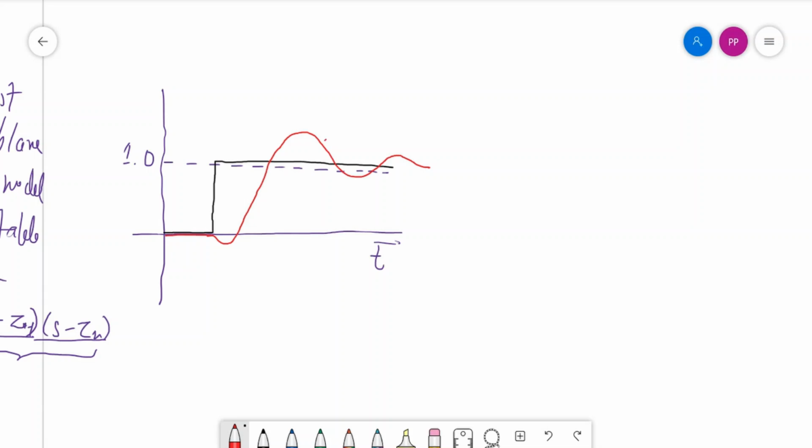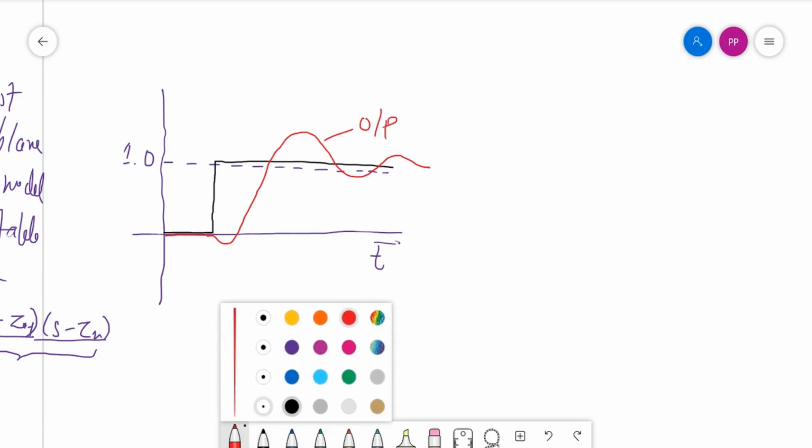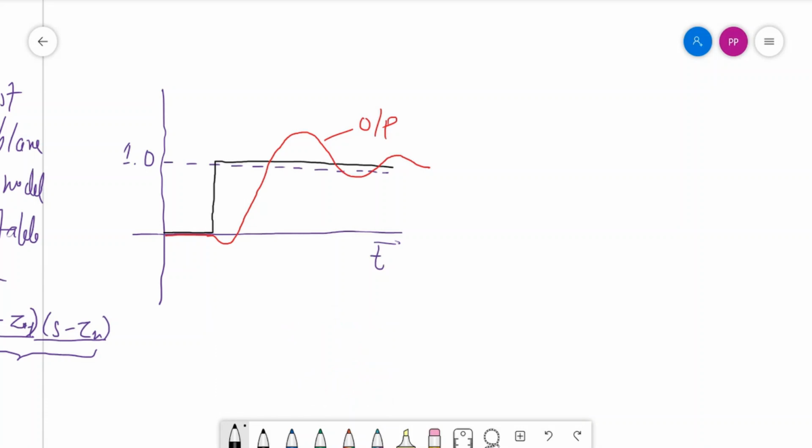So we can see that this is the output, and this is the input, and here you can find a delay and reverse response.